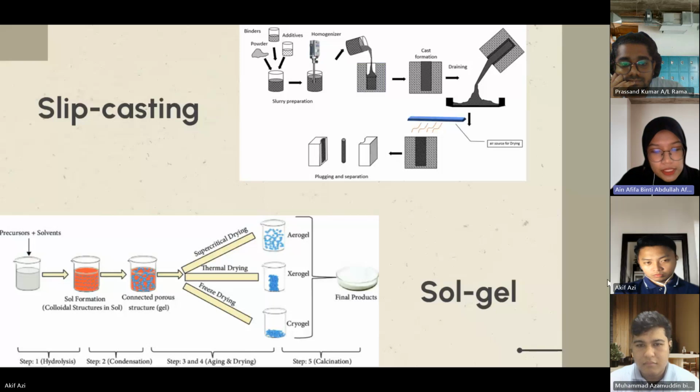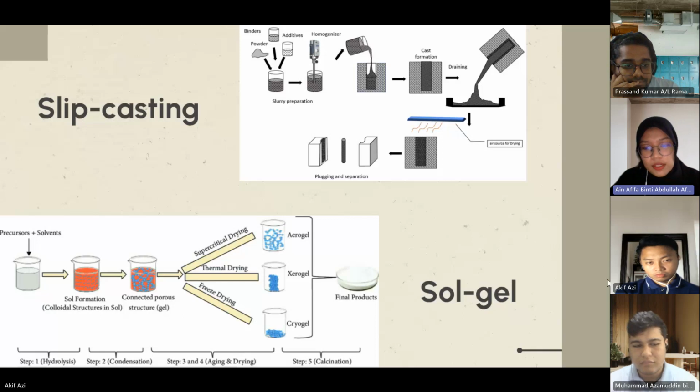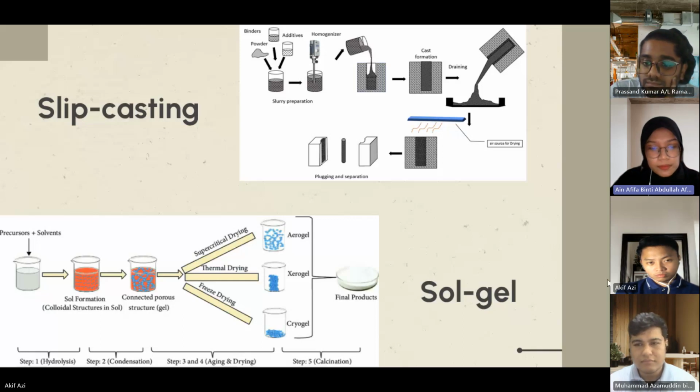The next one is the sol-gel technique. Hydrolysis is the first step, where the precursors and solvents are mixed together to form a solution. Then in the condensation step, the sol formation occurs. This is where the colloidal structures in the sol are created, leading to the formation of a connected porous structure, or gel.